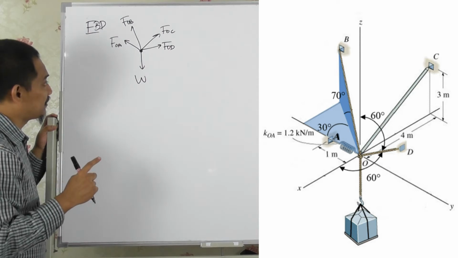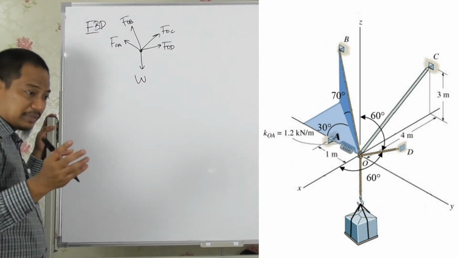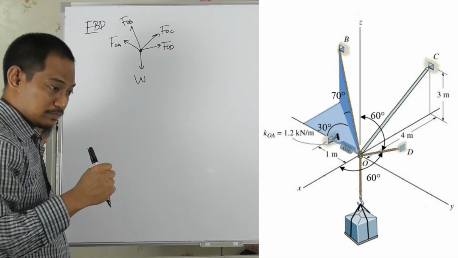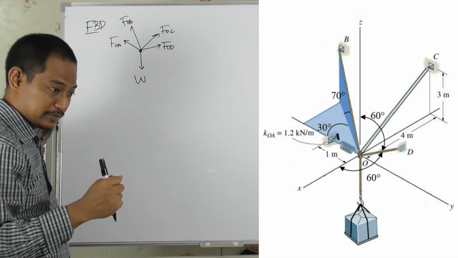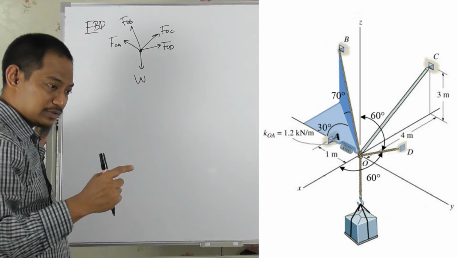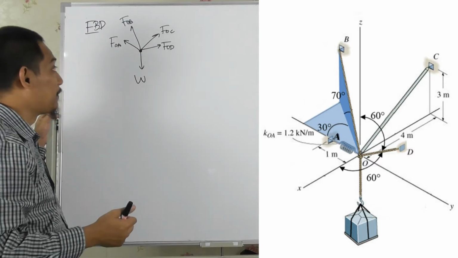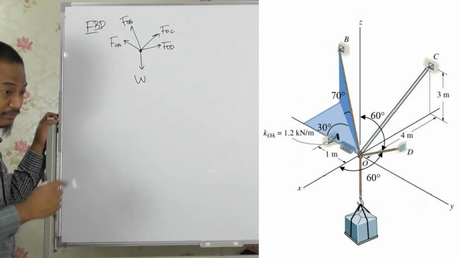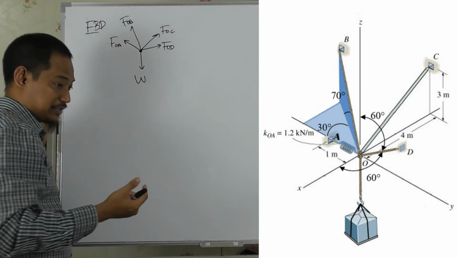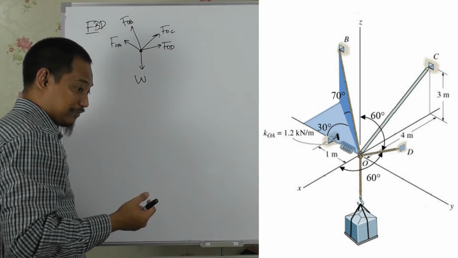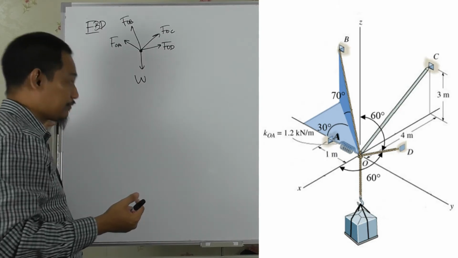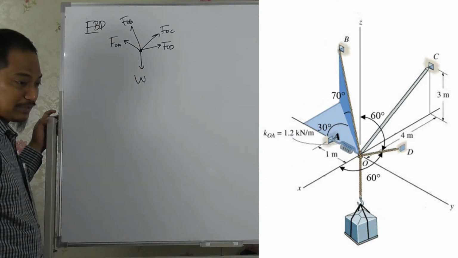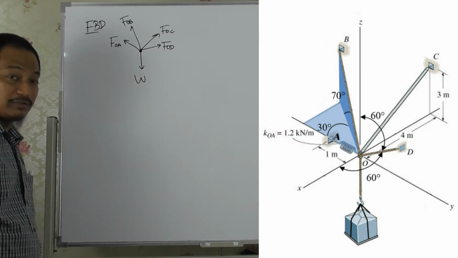For spring FOA, it may go either way, because a spring can push and pull depending on the original state. And the rod can also push and pull. So FOC is also an assumption. So FOA and FOC directions are assumptions, and we will have to see. But with our assumption, that will be the free body diagram.